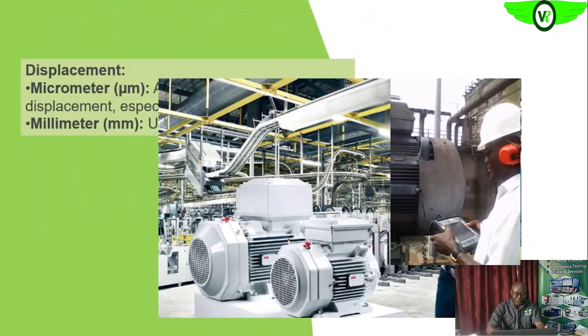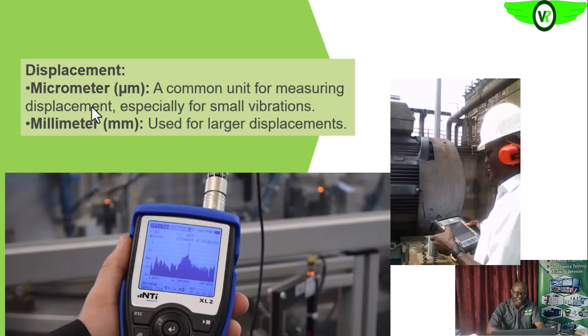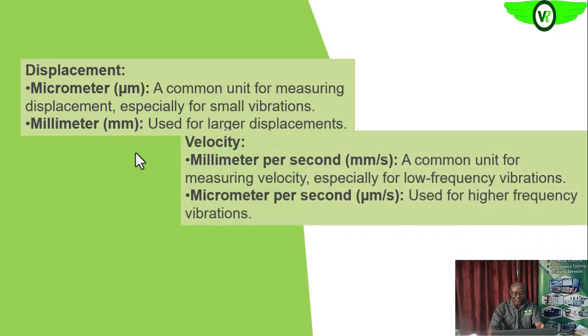So here are definitions of some of the units too. Micrometer or micron is the unit for measuring displacement, especially for small vibrations. Okay, millimeters, they are used for larger vibrations.